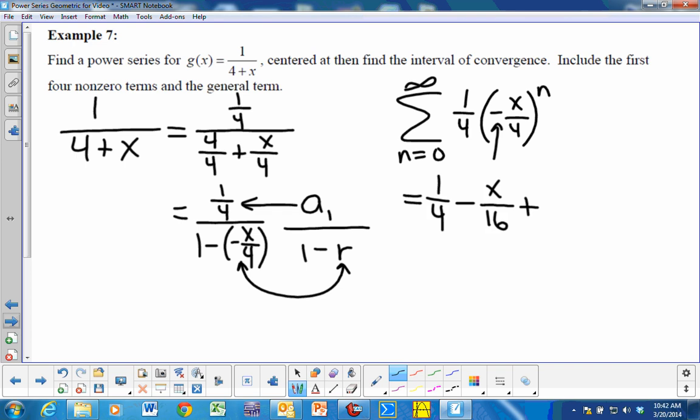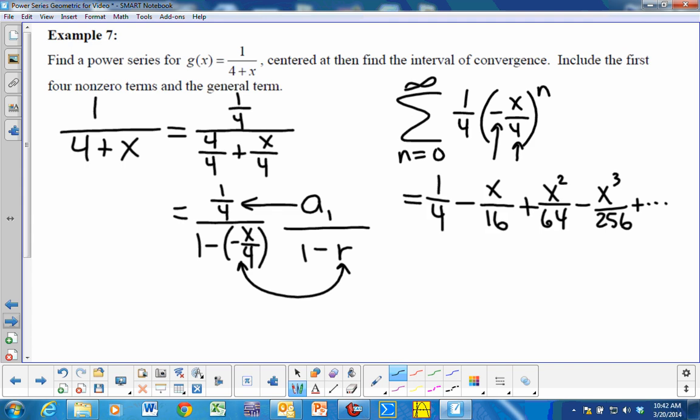And I will have a 16 here if I plug in 2, because I'll have 4 times 4, times the 4, so I'll get x over 64. And then I'll get minus, and that's x squared, x cubed if I go one more time, over 256. And it will continue like that. And that's just numbers. Just plug in for n and simplify it to what you get.